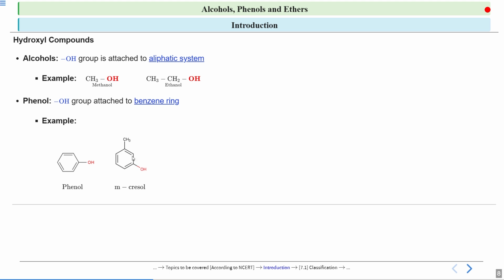This one is para, these two are equivalent ortho, and these are meta positions. Because our hydroxyl group is present at the meta position, we are calling it metacresol. They both come under the category of phenols.